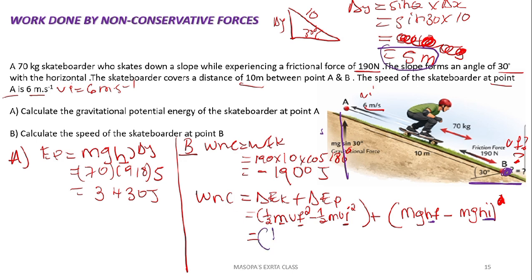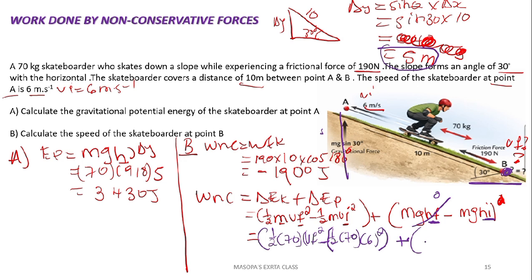So let's quickly substitute our values. You're going to say 1/2 the mass of 70, the final velocity, which is what you are looking for, minus 1/2 by 70 times the initial velocity, 6 squared. Then plus, what is the final height? That is 0, which means we don't have the potential energy at point B, so it equals 0.